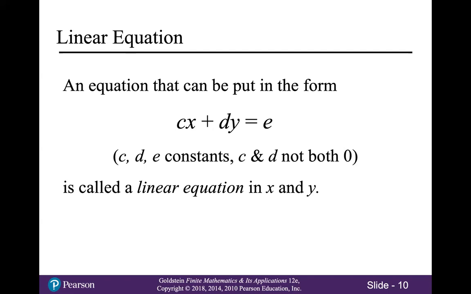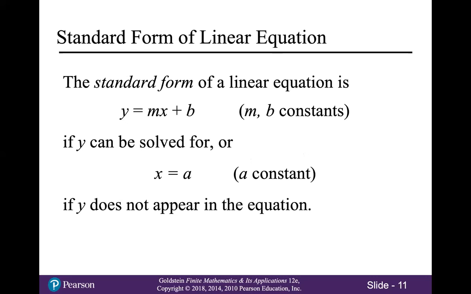That is called a linear equation in x and y, any equation that can be put in that form. What really makes this linear is the fact that x and y are only raised to the first power. You don't see an x squared, a y to the fourth, a 1 over x, or a square root of y. It's just a number times x plus a number times y equals a number.